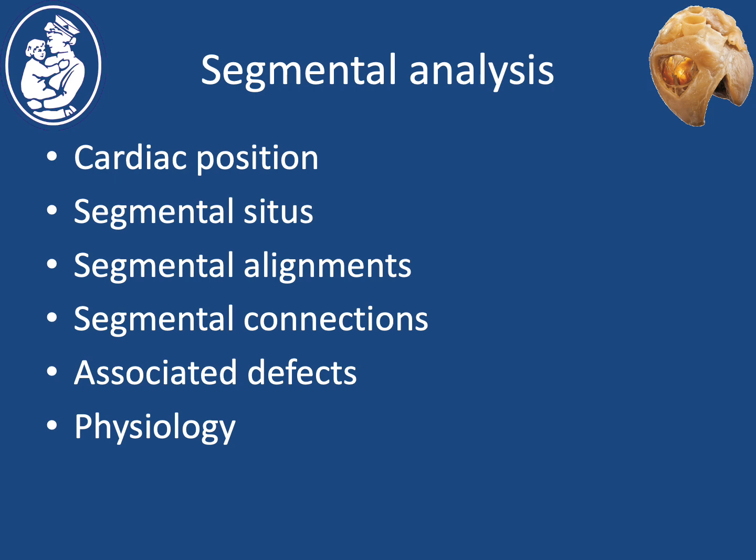The segments are also connected to each other by connecting segments. These connections are important and they're different from the alignments. For example, it's possible to have the aorta aligned with the left ventricle, as in the normal heart, by a connection of aortic to mitral fibrous continuity.